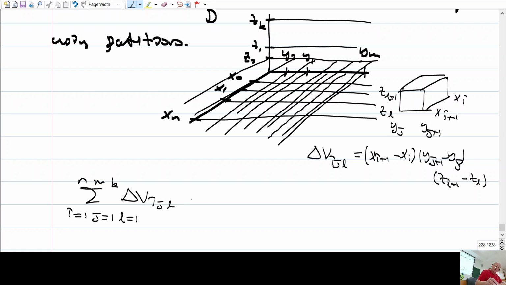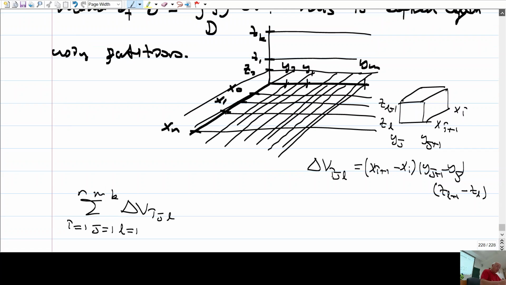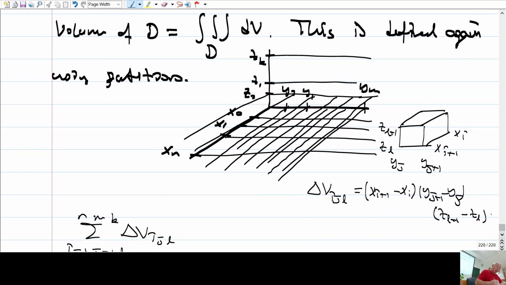You add all these. This is an approximation for the solid object. Here, of course, we have some solid object, let's say in three-space, something like this. So when you divide the three-space into pieces, you divide this solid object D into pieces.